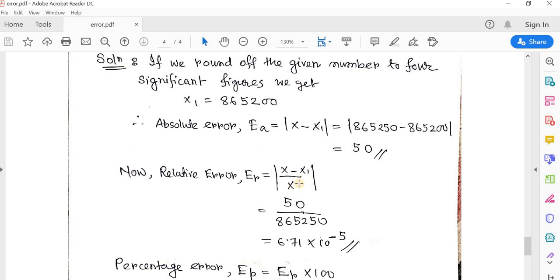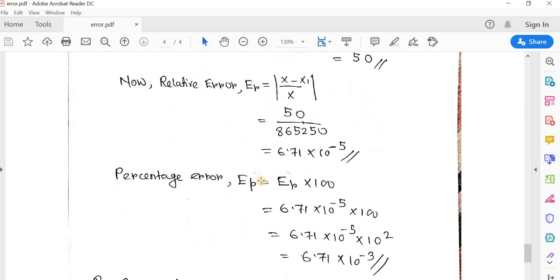Now relative error will be what? Absolute error divided by the given value. So the absolute error we have found is 50, divided by the number given in the question. So this will be 6.71 into 10 to the power minus 5.